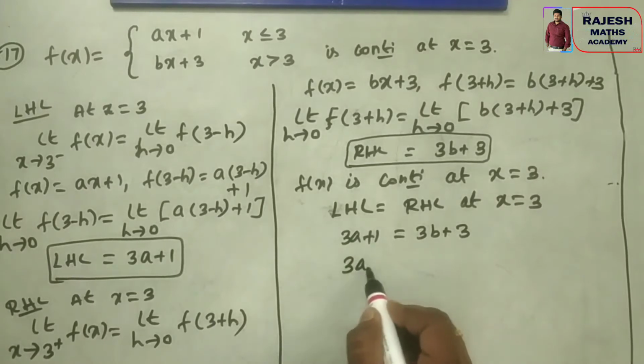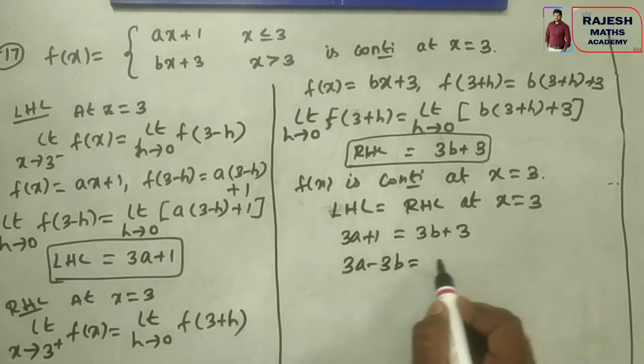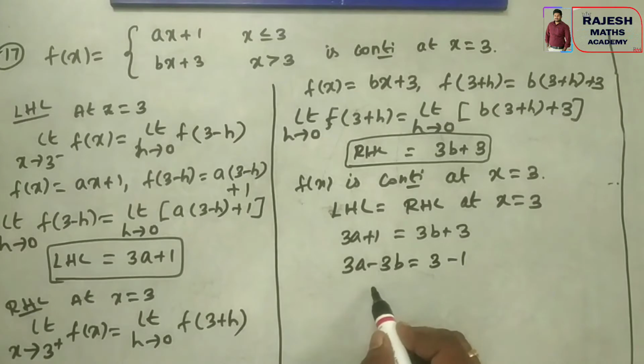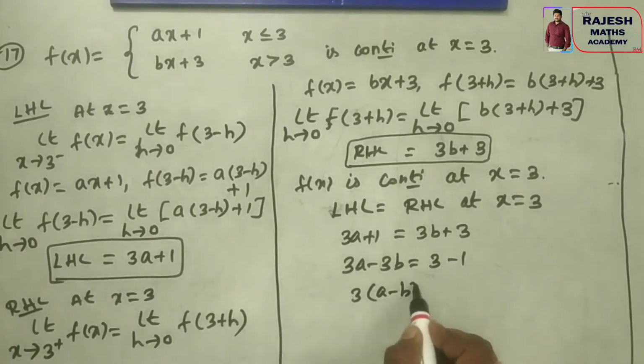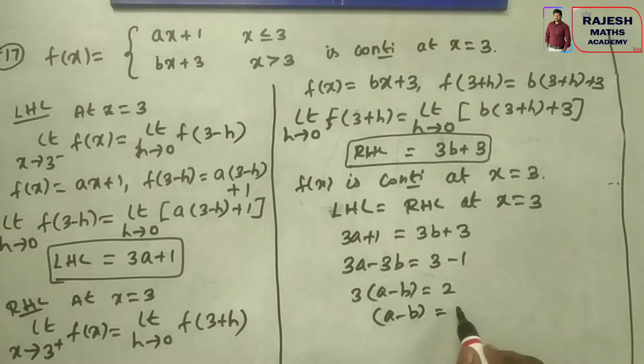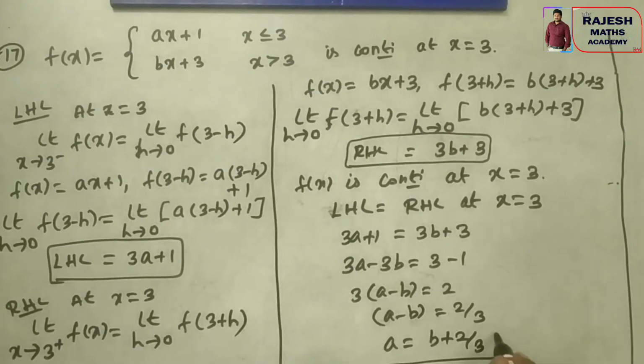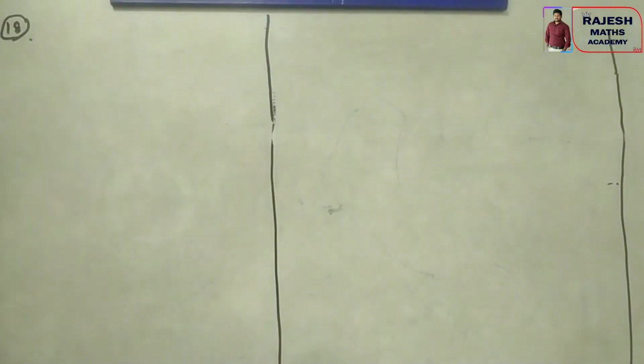I can write 3a minus 3b equal to 3 minus 1. I can take common 3, so 3 times a minus b equal to 2. So a minus b equals 2 by 3, and the value of a equals b plus 2 by 3. So this is the relation between a and b. Clear?